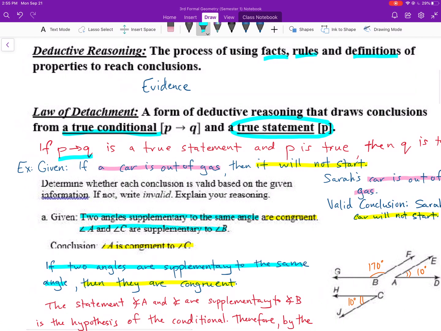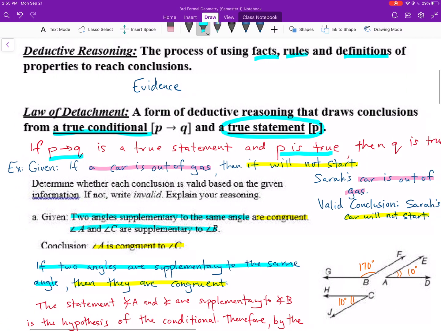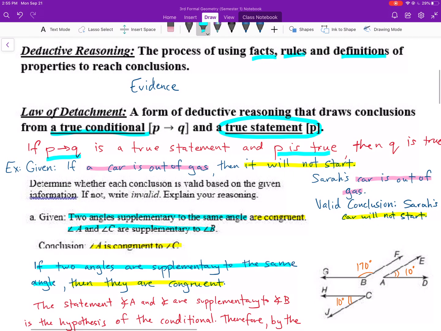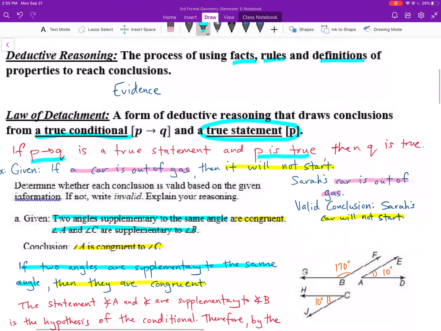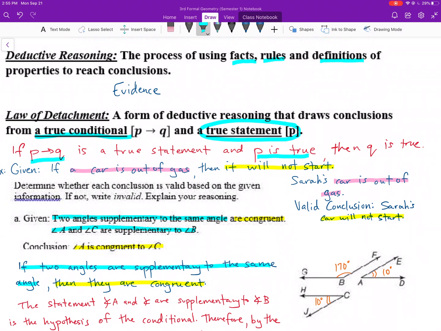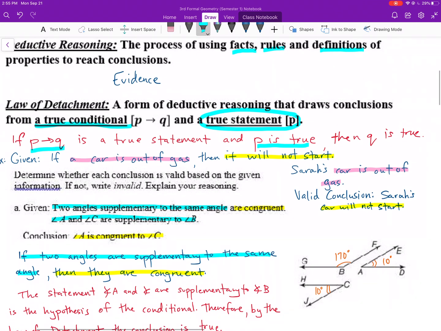An example with words is: if a car is out of gas, then it will not start. And if I say Sarah's car is out of gas, I can conclude that Sarah's car will not start based off of that first if-then statement.